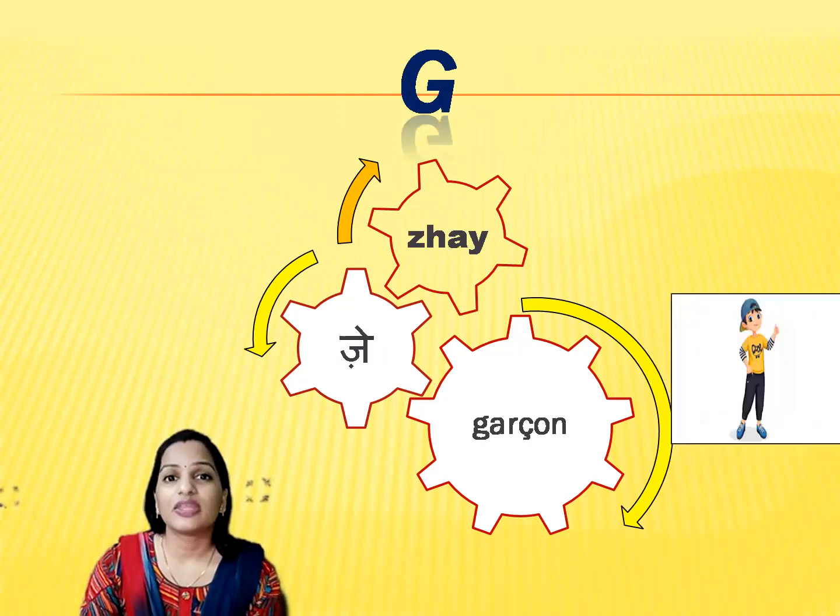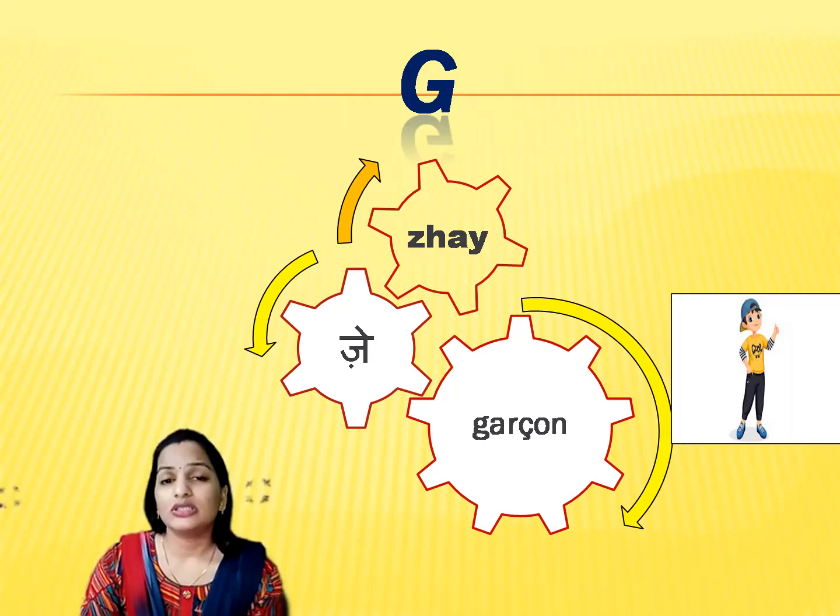Now next, it is G. So how do we pronounce G in French? It is J. What is it? J. Let me tell you one thing: in French, G is pronounced as J and J is pronounced as G. When we come to the letter J, I will repeat this.